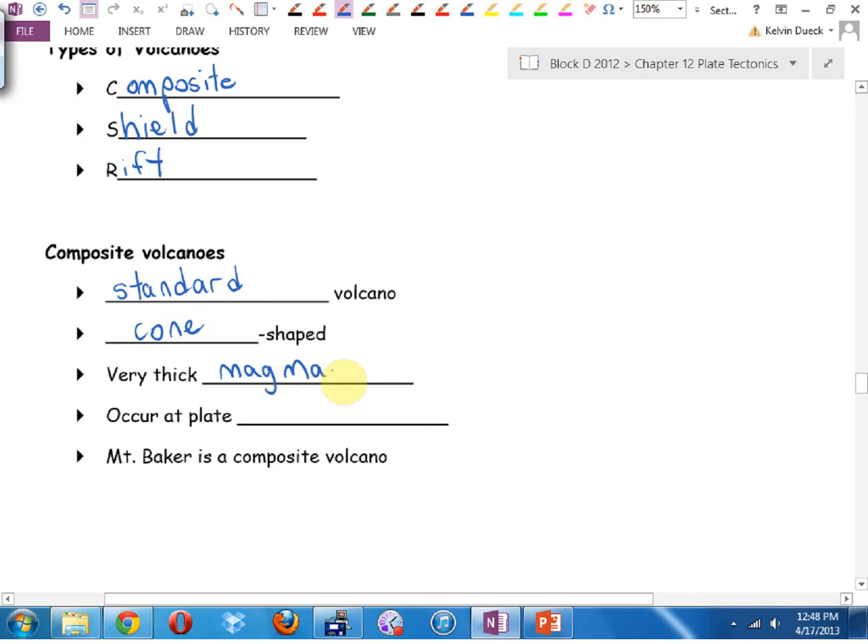By the way, what's the difference between magma and lava? I think lava is when it's above the surface, and magma is when it's below the surface. I won't be that fussy, and I'll have to double check that, but for what it's worth, if you're wondering. And these occur at plate boundaries.